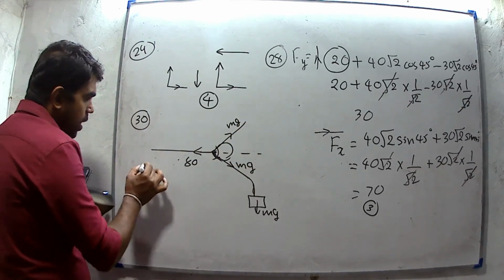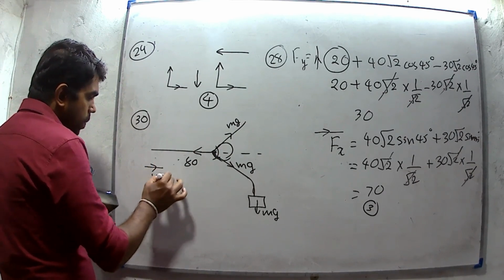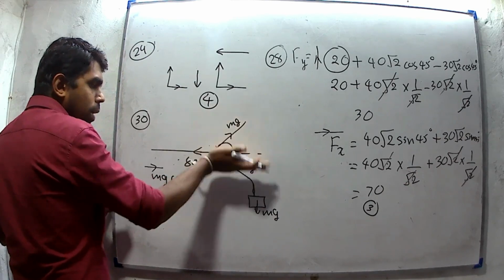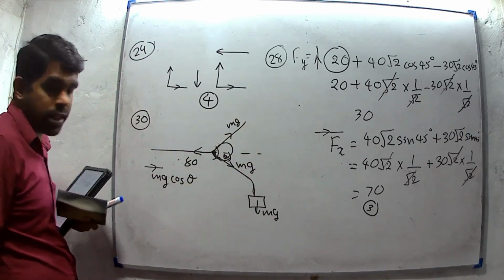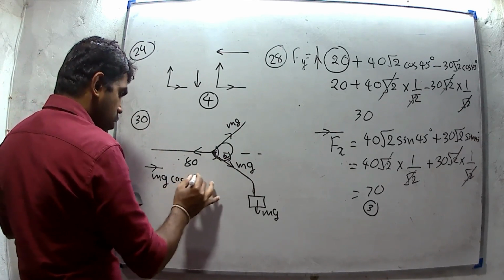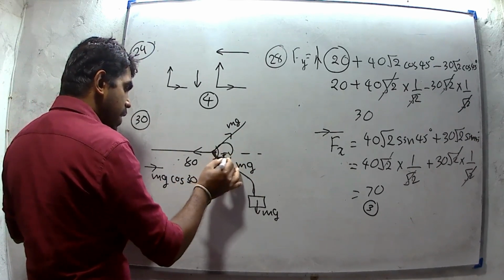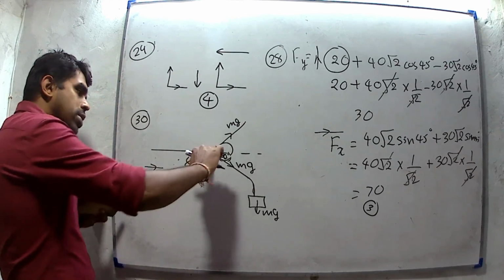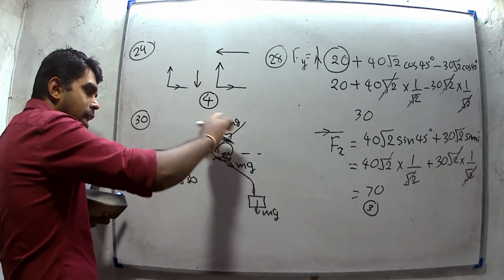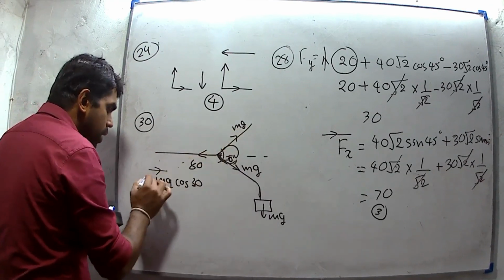We can write mg cos theta. This angle is theta, therefore horizontal component is mg cos 30. Not theta, it is given as 30.